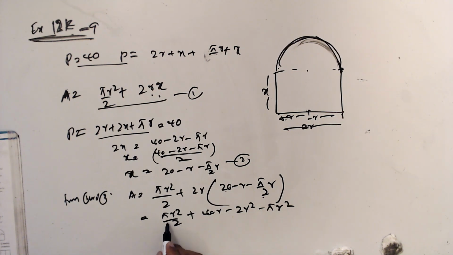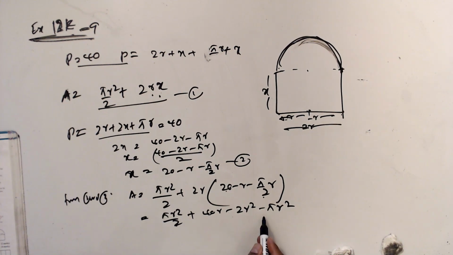This is 5R square half. This is also minus 5R square. So then 40R minus 2R square minus 5 over 2 R square, because this is positive half and this is negative 1. So yes, that's our answer. That's fine.